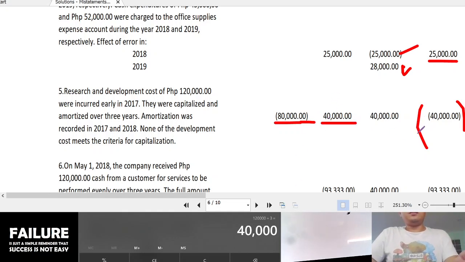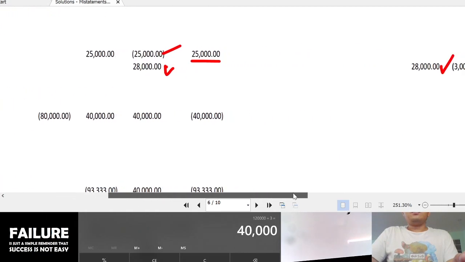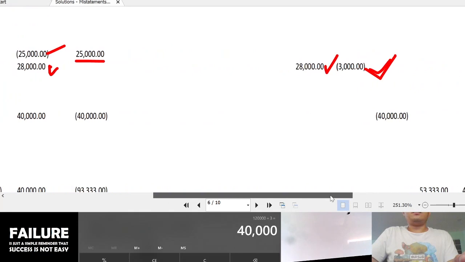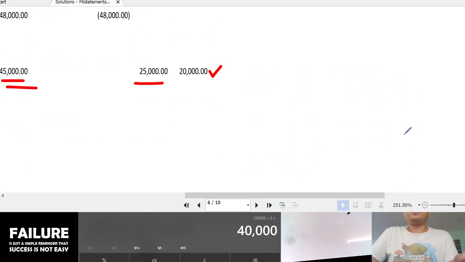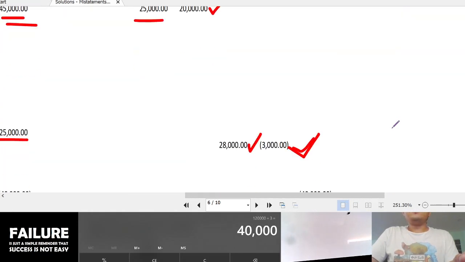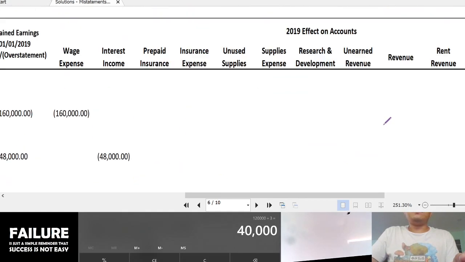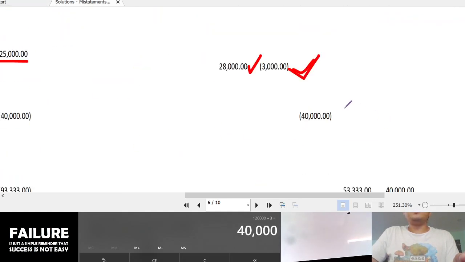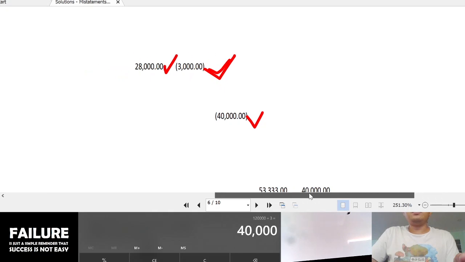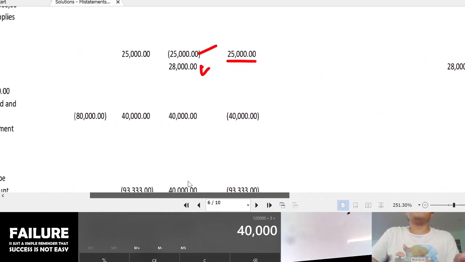So, the retained earnings beginning, we have a negative 40,000. So, how will we correct that or individual effect? Obviously, sa research and development natin, in 2019, the effect is that overstated yung R&D cost natin because it was capitalized when it should be na hindi dapat. Okay?